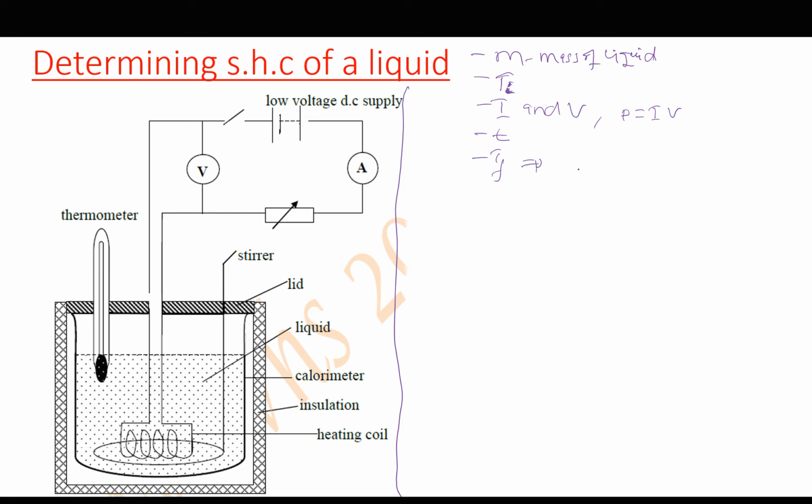This means we can now get the difference in temperature, delta theta, as T final minus T initial. Then we also have the energy supplied. This will be the power times time, which is equal to IVt. If we assume that there is no energy loss to the surroundings, since we have added some insulation, then the energy supplied should go into raising the temperature of the liquid.